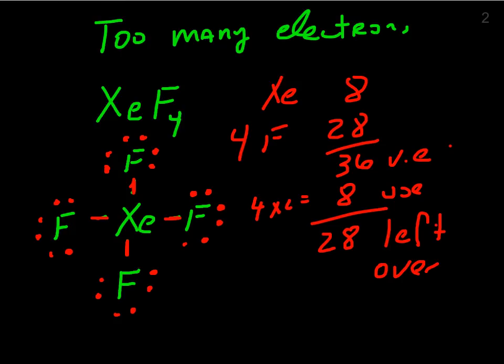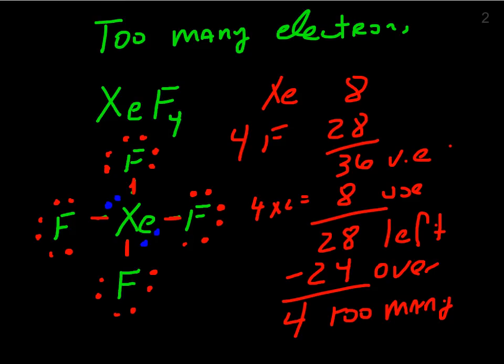Now if I look at that, everybody has an octet around it. The fluorines do, the xenon does, and I used 24 electrons. So I'm going to subtract those 24. This gives me 4 electrons too many. So what I do with those is very simple. All I do with those 4 electrons is place them around the central atom. I'll make them blue, and I'm going to place them right there.